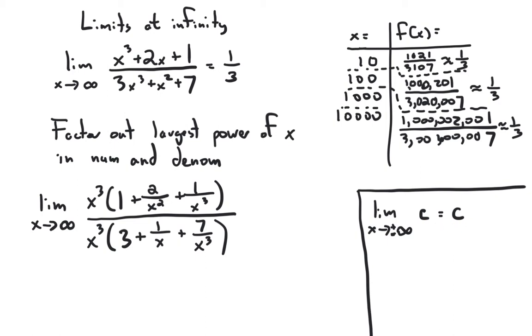And the other thing we can use is that the limit as x approaches plus or minus infinity of 1 over x is indeed 0. So as x grows and grows and grows, either positively or negatively, you're going to get a smaller positive or negative number, but it's going to get smaller and smaller and smaller, so you're going to get 0.